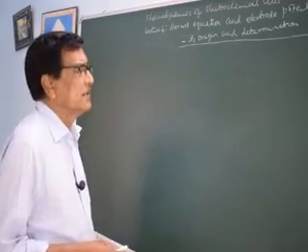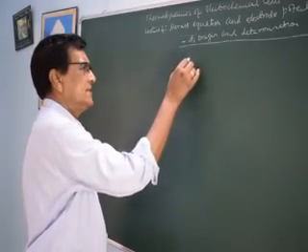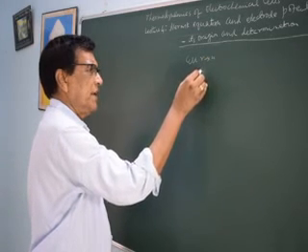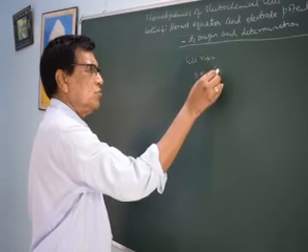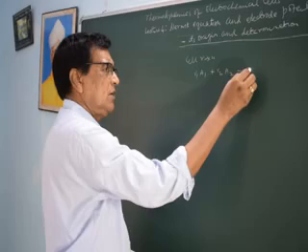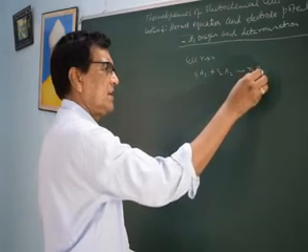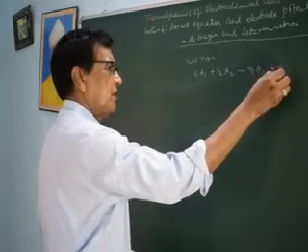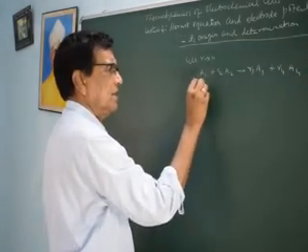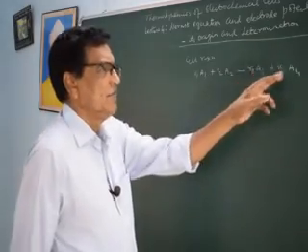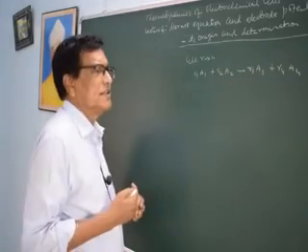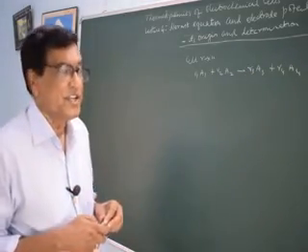Let us take this cell reaction, nu1A1 plus nu2A2, giving you nu3A3 plus nu4A4. A1, A2 are the reactants and A3, A4 are the products, and nu1, nu2, nu3, nu4 are the stoichiometric coefficients of this cell reaction.